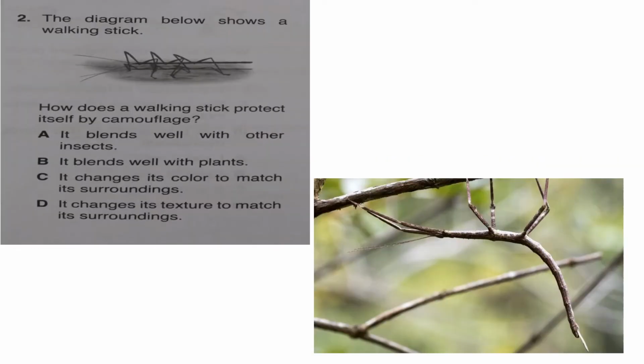Number 2, the diagram below shows a walking stick. The walking stick here is not a stick, actually it's just a term for an insect. How does a walking stick protect itself by camouflage? Camouflage is the process of changing its color to blend with the surroundings. For example, here the walking stick's color is brown.